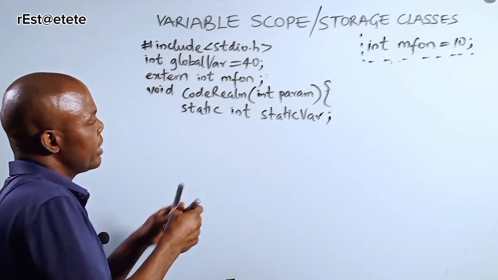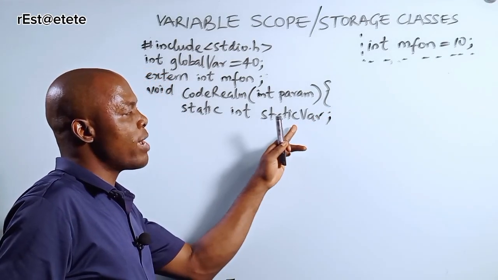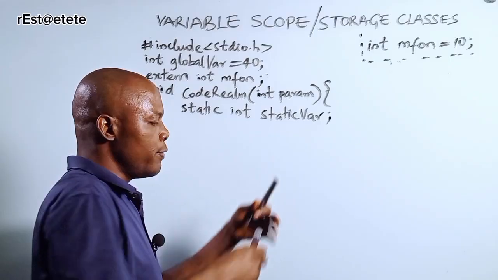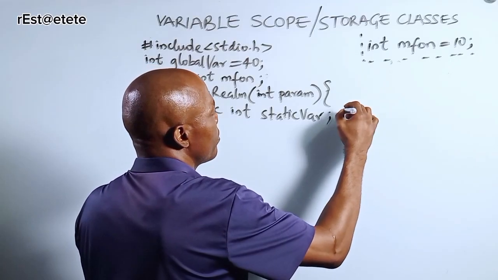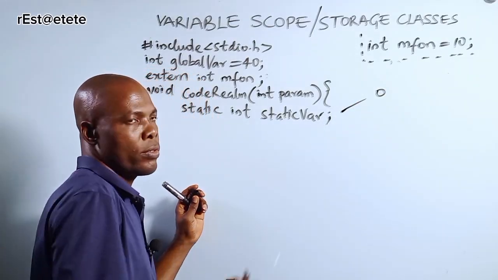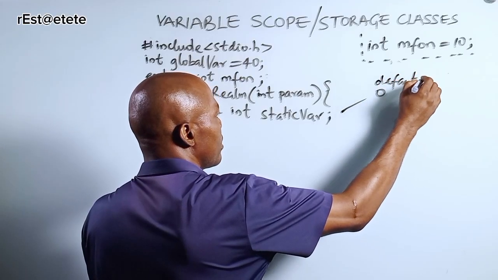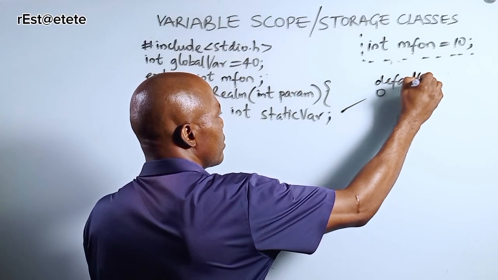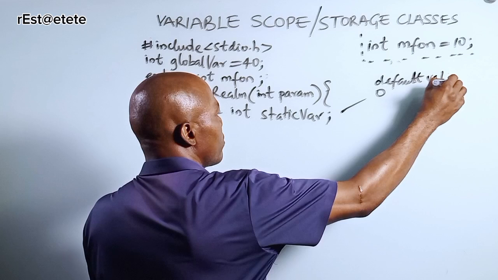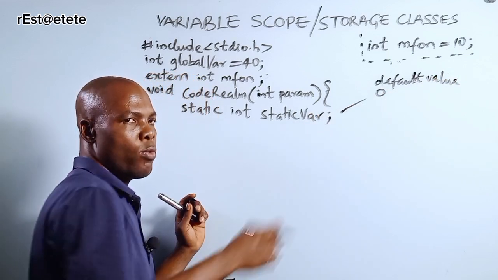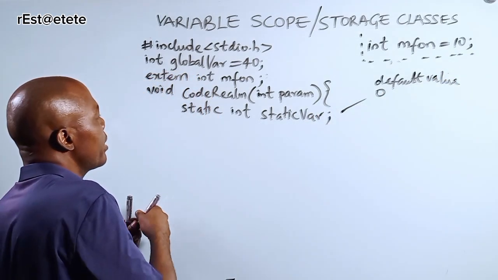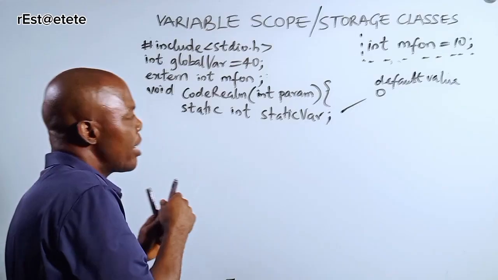Now, because it is static, even if I don't assign any value to it, the default value will be what? 0. The default value for static will be 0, right? Okay.